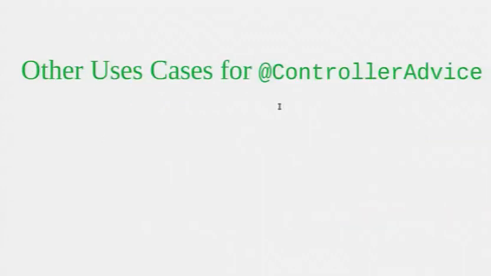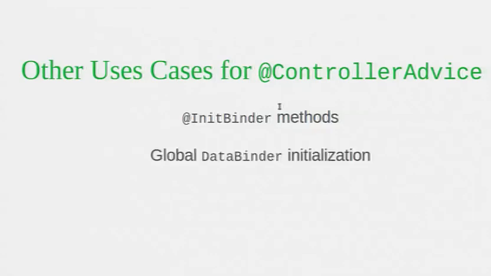There are some other useful use cases. We started with exception handling, but if you think about it, init binder methods are actually very useful as well, global init binder methods. So if you want to configure a property editor which is going to be applicable globally, or you want to do some other customization to the data binders that get used, well, this gives you a mechanism to do global data binder initialization. Also, you can have model attribute methods.